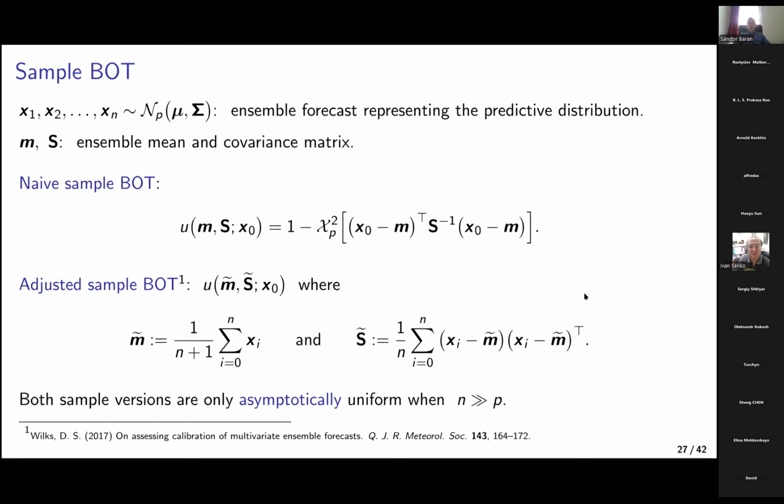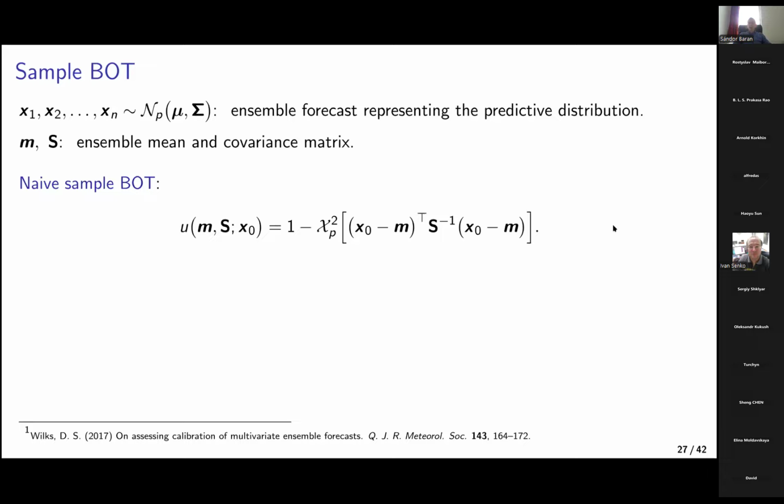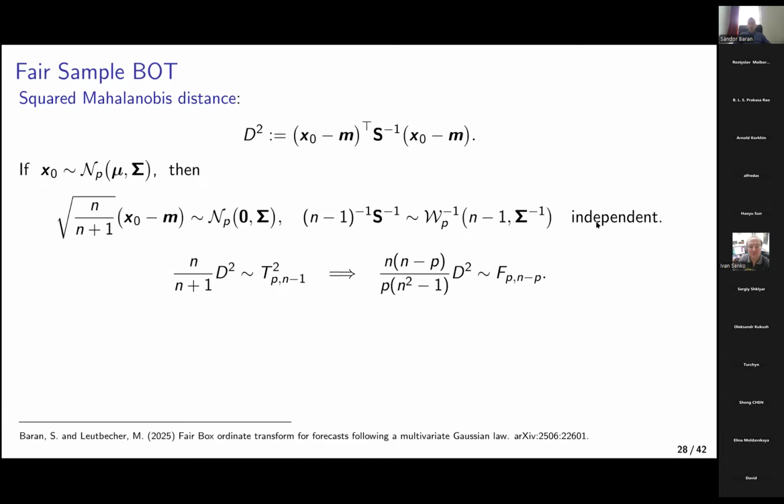What we wanted to derive is the fair version of this box ordinate transform. So again, we started with these estimates and used the same trick as before. We considered the squared Mahalanobis distance of the observation from the ensemble mean, and if the observation follows the same distribution as the predictive distribution, then this is Gaussian, this is an inverse Wishart, and we are at the same point as half an hour ago: a transform of this squared Mahalanobis distance has an F distribution.